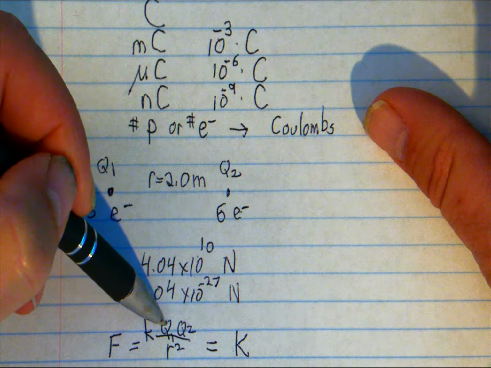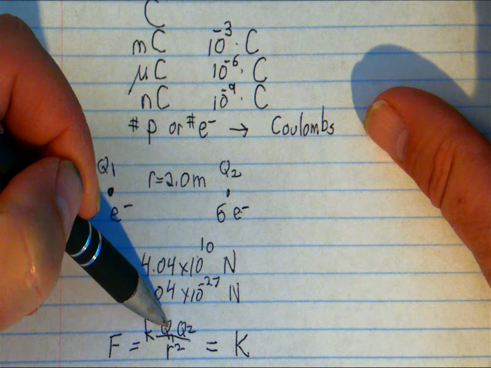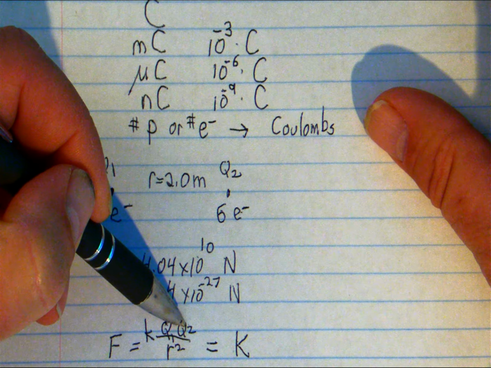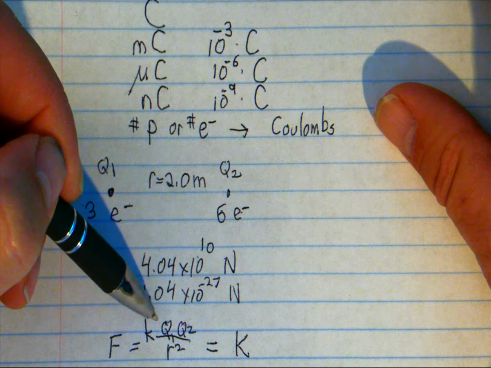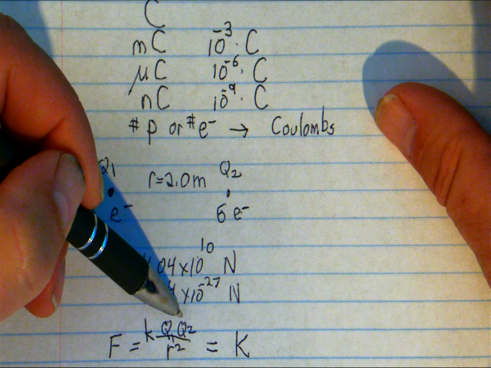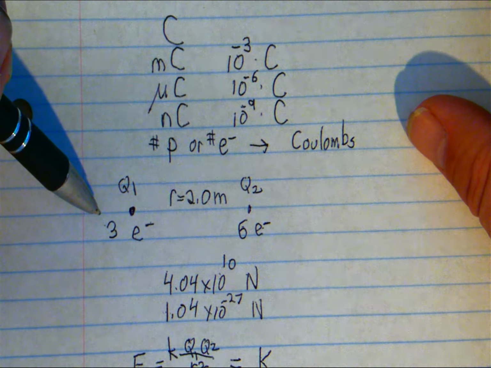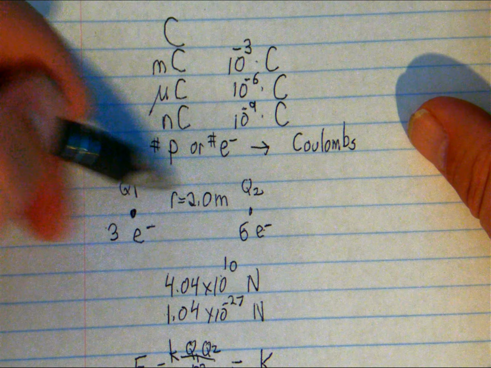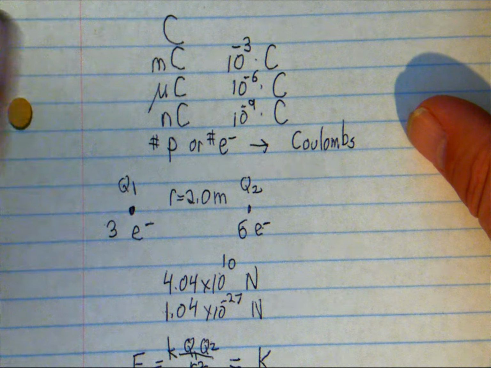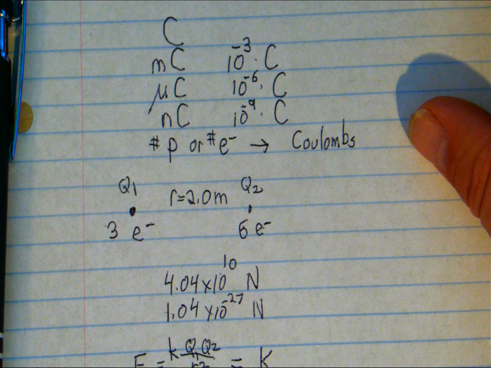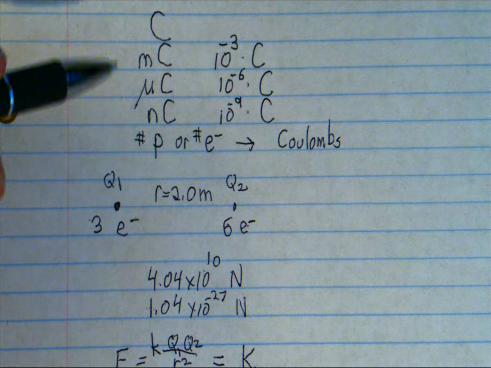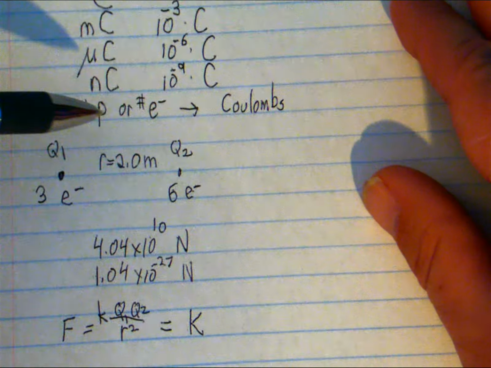So I'm multiplying a negative charge times a negative charge. They're going to cancel. A negative times a negative is a positive. So I didn't bother typing in a minus sign twice. Instead, I only entered it once.